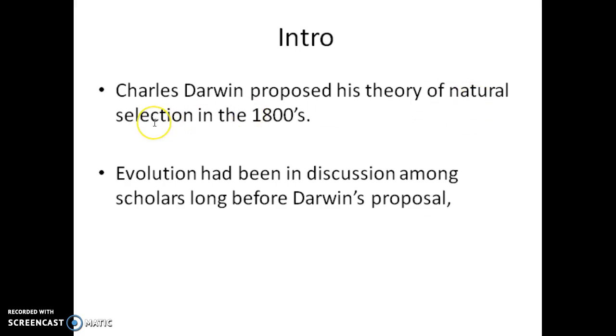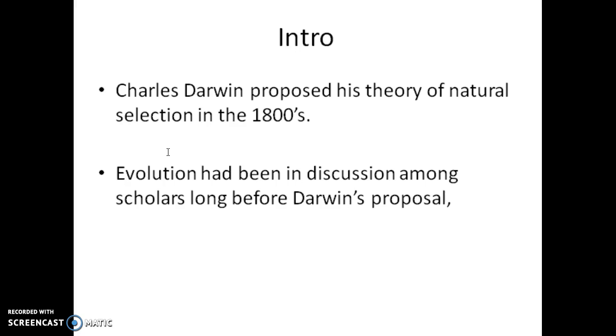Natural selection you might know as survival of the fittest, back in the 1800s. So this is roughly 150, 170 years old at this point, this idea. Evolution had been discussed prior to Darwin, but it was really Charles Darwin that got it more widely known than others.